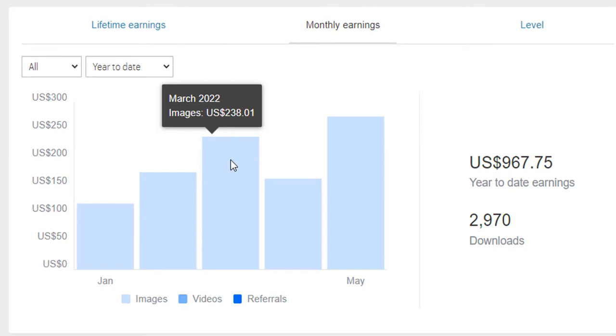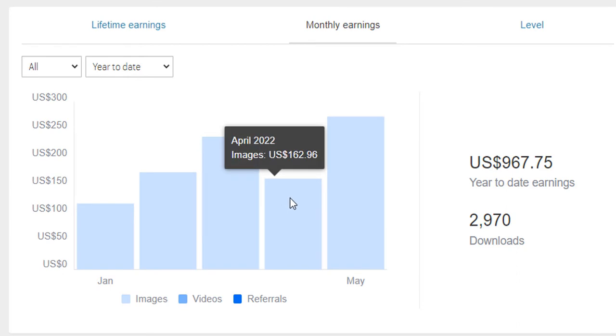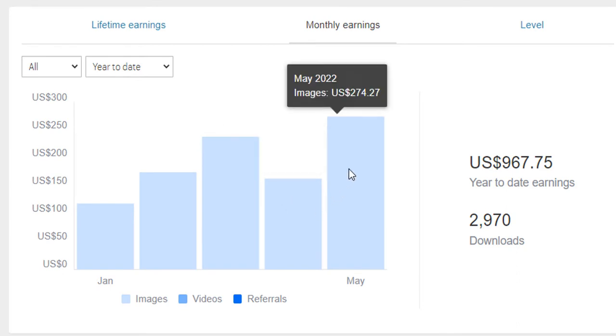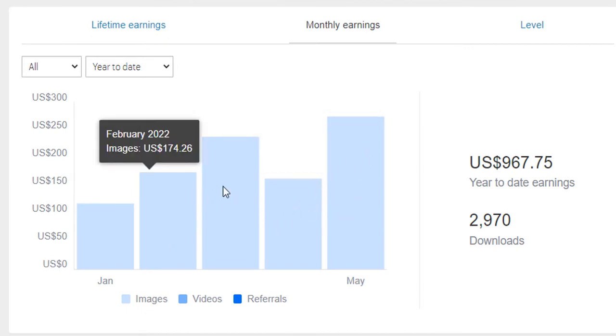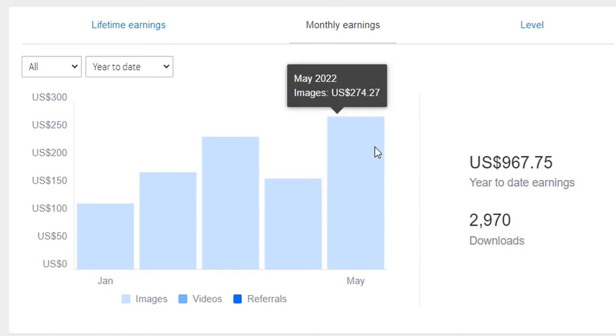So in March I earned $238, and then in April I made 162, and now this month it is about an extra 100 over the previous month. So it varies from month to month depending on which designs are more relevant in which months.